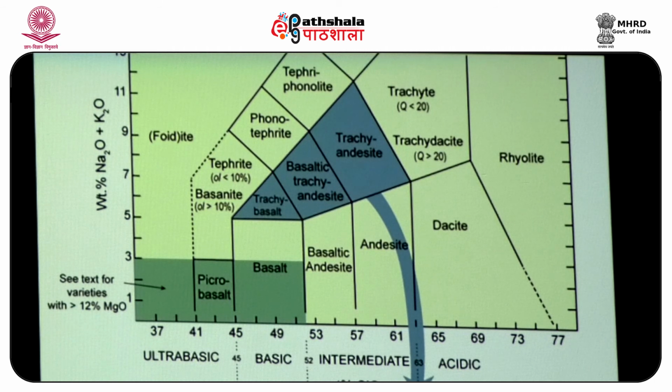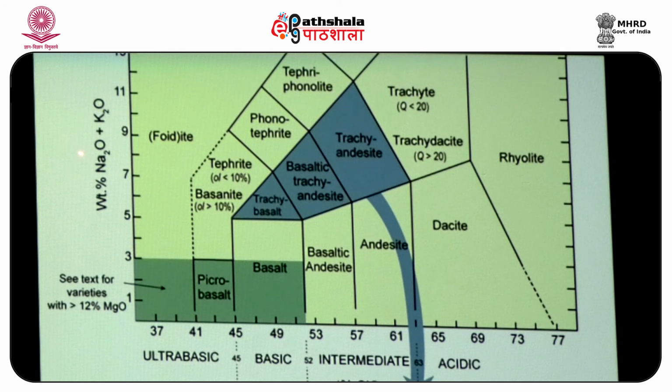So now you can see again, if you see this line, above this line we have rocks which are known as alkaline rocks, which means they have more alkali, and they are also called silica undersaturated rocks, as we have seen in the earlier classification.